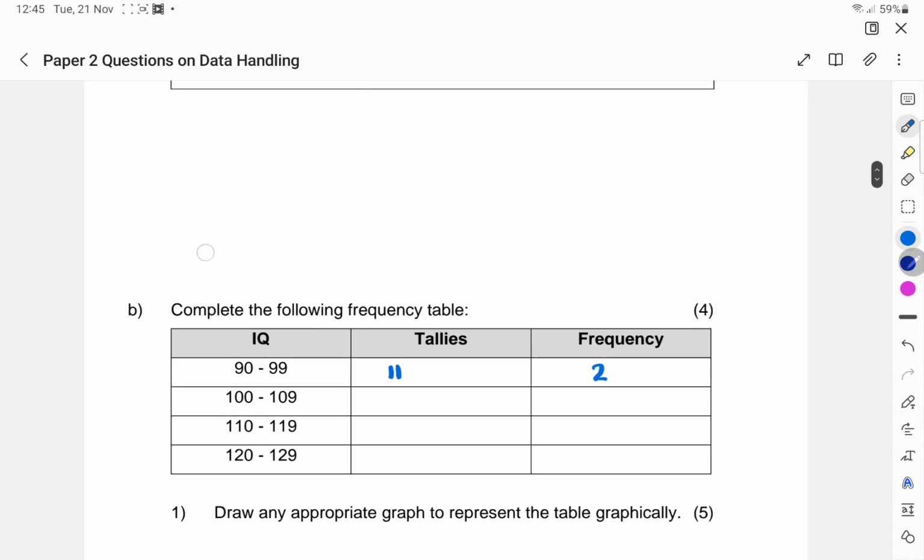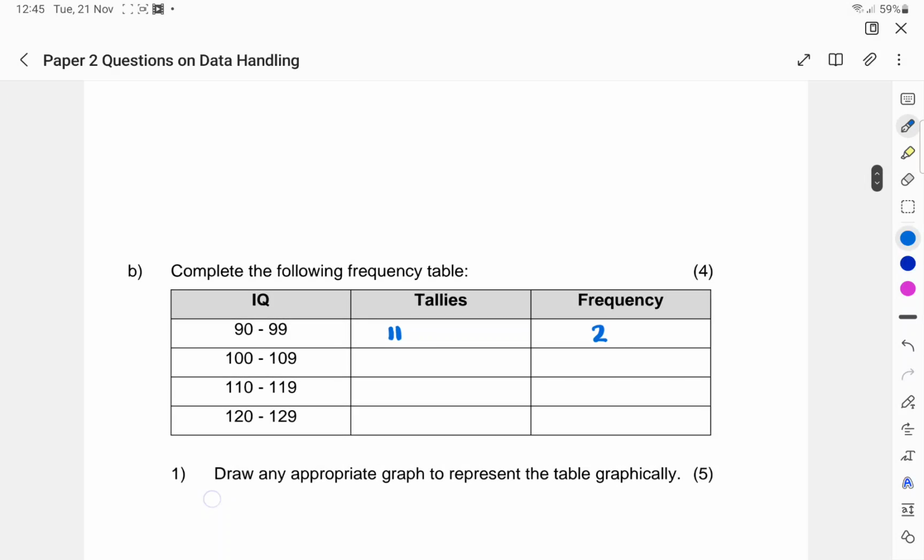Then between 100 and 109, and this is actually wrong over here. Maybe I shouldn't show that now, it might confuse some of you, but can you see we are actually missing a part between 99 and 100. So that 1 is missing somewhere.